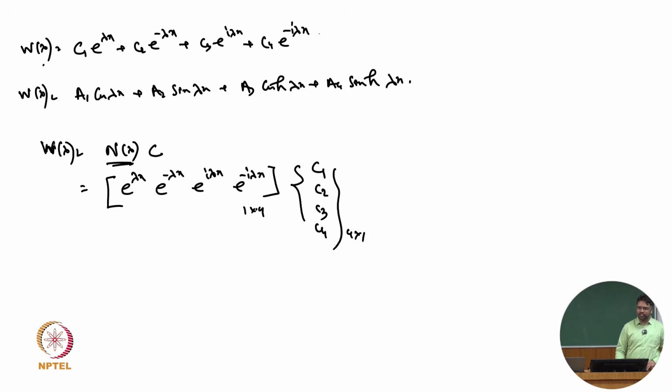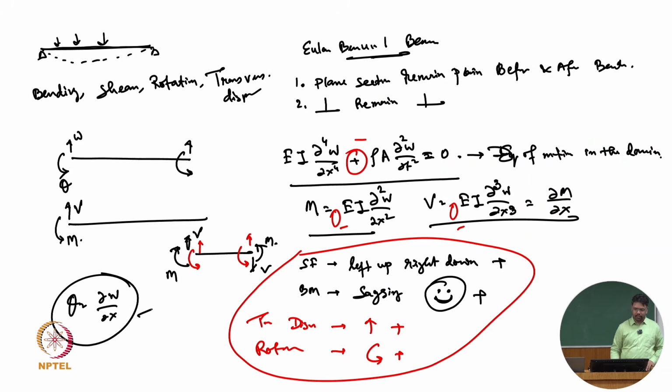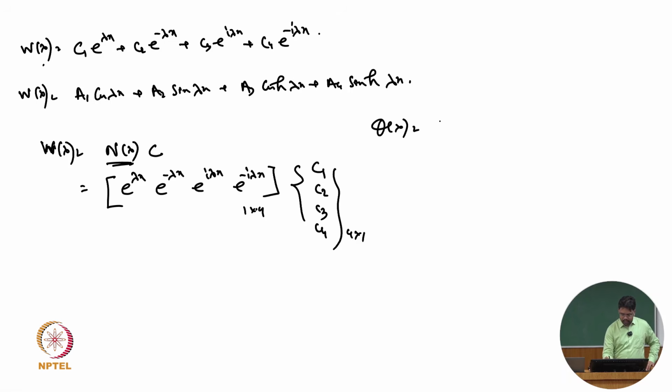Now this is the W of x. What will be theta x? Remember? What was theta? Theta x is del w del x minus. So my w is N of x into C, so this will be N dash of x into C. So what can be my theta x?